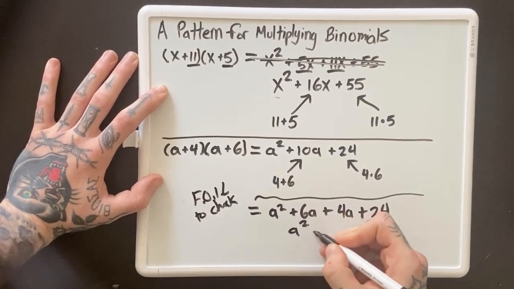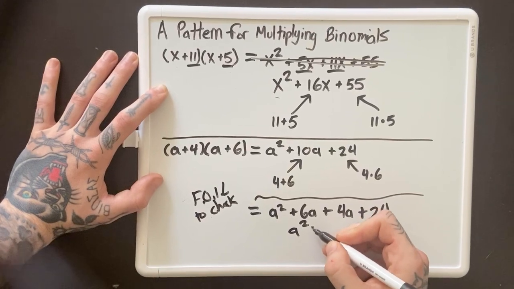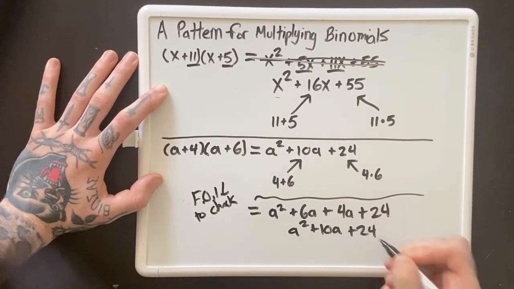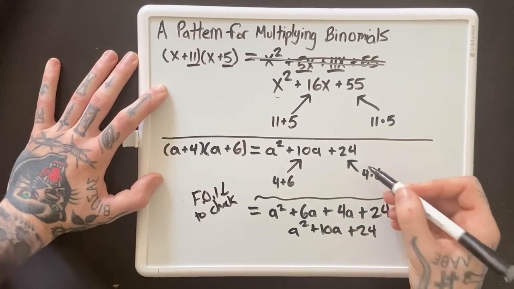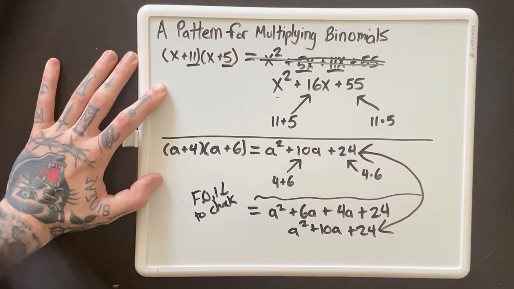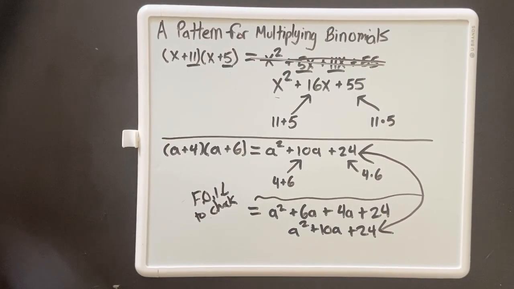A squared, now we're going to simplify, plus 10a plus 24. So we got the same result using our pattern and using FOIL. So what does that mean for us?